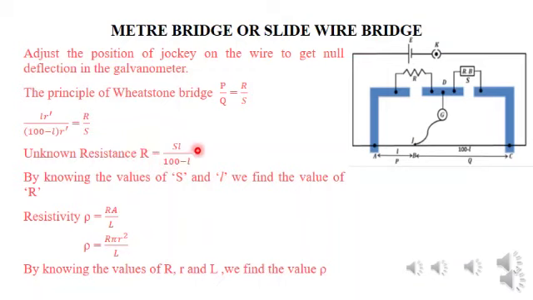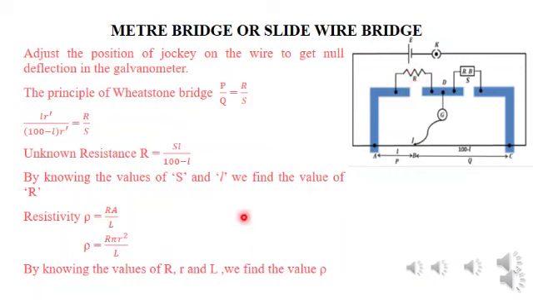We know resistivity rho equals R A divided by L, where rho is the resistivity of the material of unknown resistance. A and L are the area of cross-section and length of the unknown resistance.